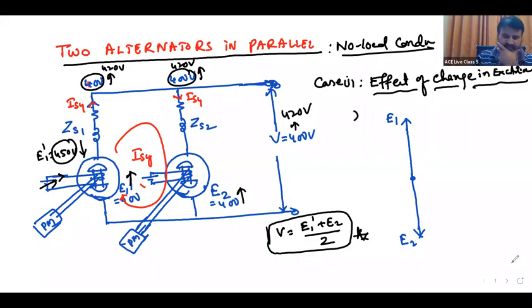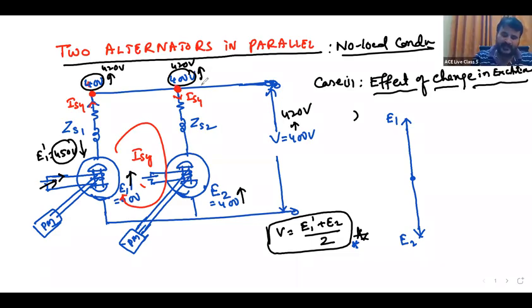Yes, the second machine's terminal voltage also increases. Why? Because this E2 also will increase. With this equation I am taking this as 420, and this will also be 420. First of all, can you tell me whether both are the same points or not? Both are connected at the same points.